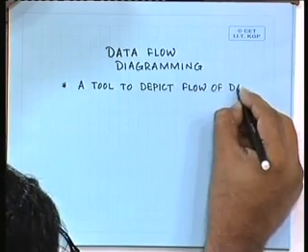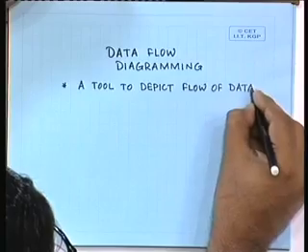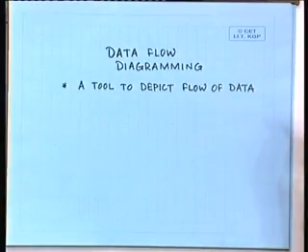So, what happens in a real life situation whenever we have some sort of a system where we have various entities, and between the entities there is a flow of data. The diagram which depicts it is called a data flow diagram, right.